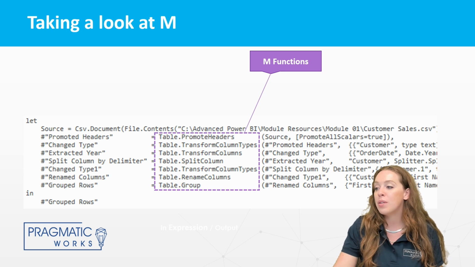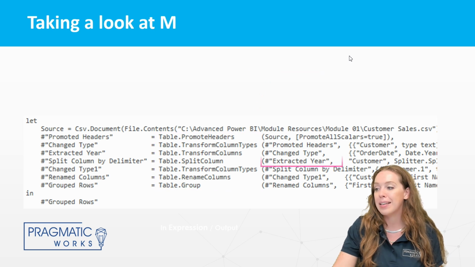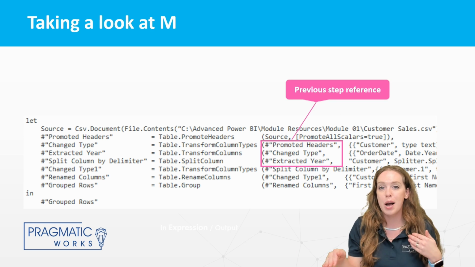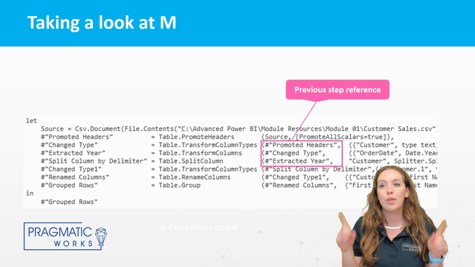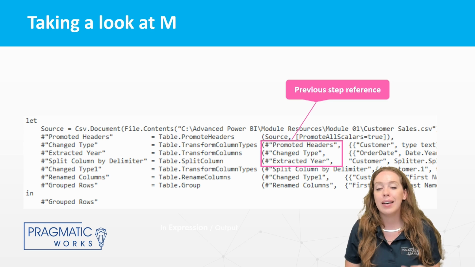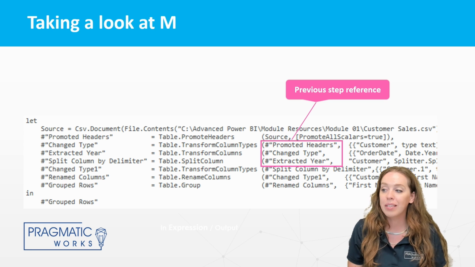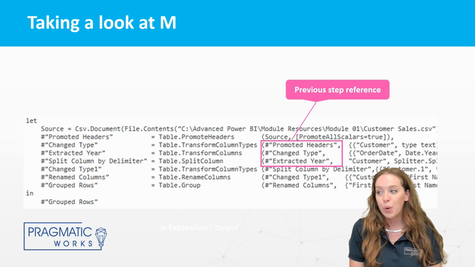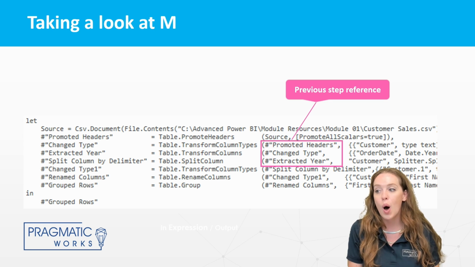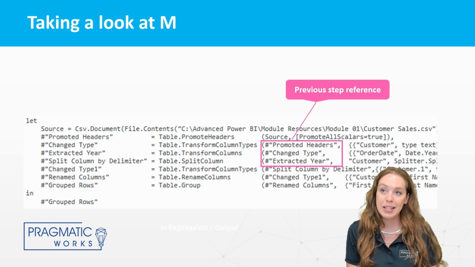Now, moving to the next section, this takes a brief departure from our purpose, because M is really like a chain reaction. We are always referencing the previous step on our new line. So as we go through every single step, after our command, it's always going to reference that previous step.